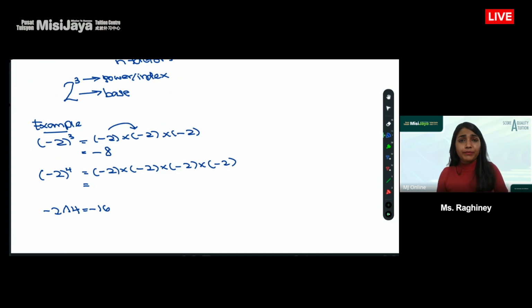Is this answer correct? Negative times negative, we get positive. Positive times negative, we get negative. Negative times negative again, we get positive. So isn't the answer supposed to be 16? There's no negative over here. How come when we put it in the calculator we're getting negative 16?